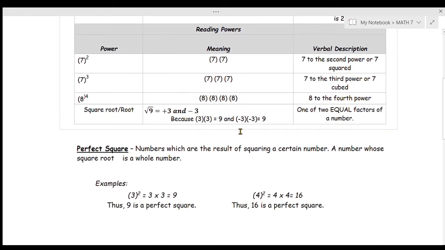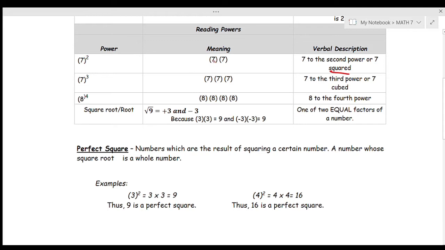In reading power, meron tayong example dito. Example, we have 7 squared, or it can be read as 7 to the second power or 7 squared. This means that we need to multiply this base according to the power. So meaning to say we need to multiply this base 2 times by itself.